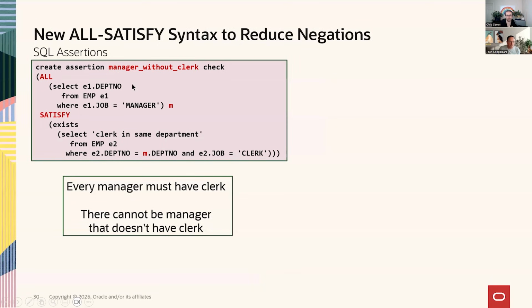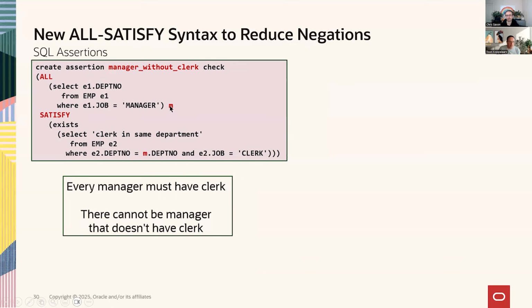In ALL, we have a subquery which returns rows, and here I'm returning all managers. And in SATISFY, I have a Boolean expression. So here I have a subquery, here I have a Boolean expression, and the semantic is that this Boolean expression must be true for each row returned by the subquery up here.